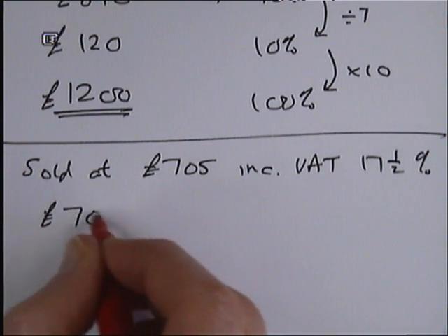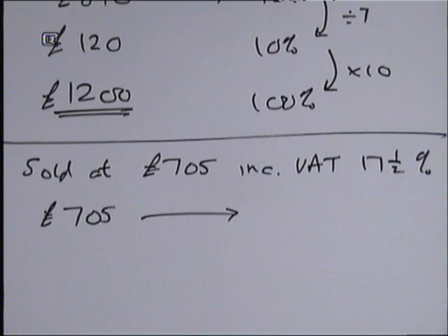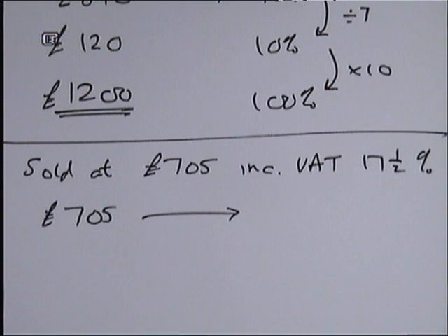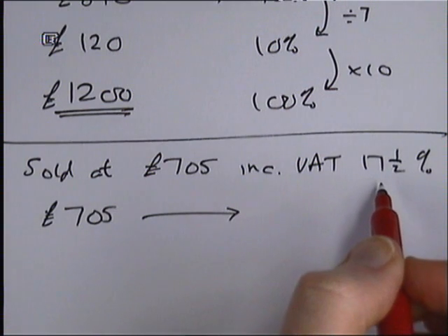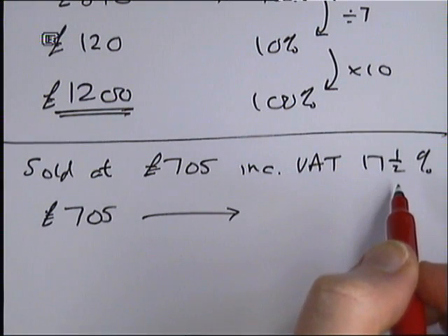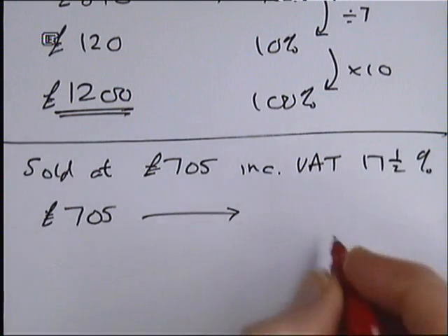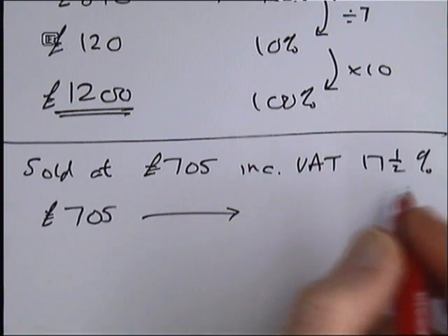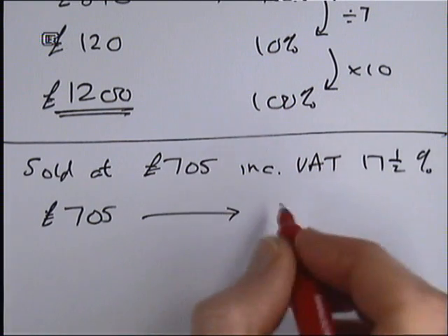So here, this £705, well, it's more than the price before the VAT, and that's what we're really after, the pre-VAT price. So if the pre-VAT price was 100% and VAT has been added on, and that's 17.5%, this £705, that's the 100% and the 17.5% added together.